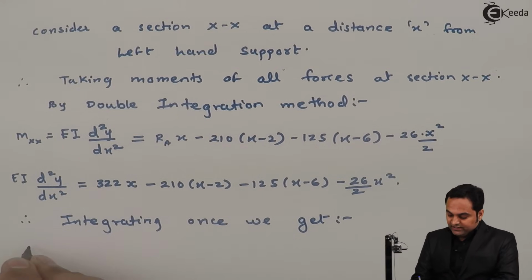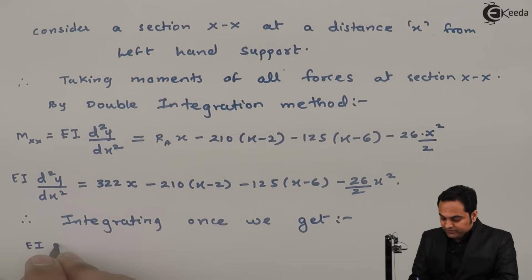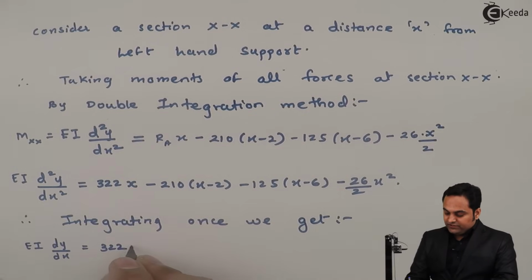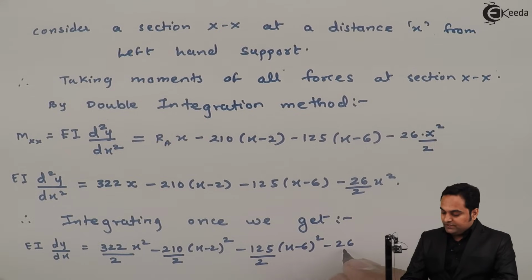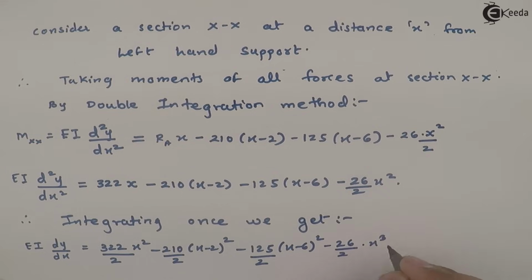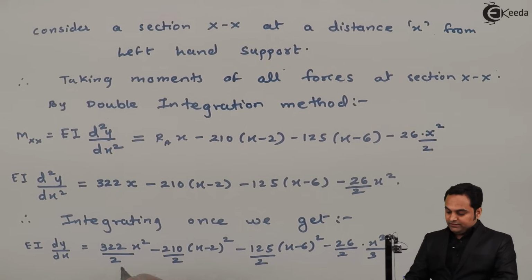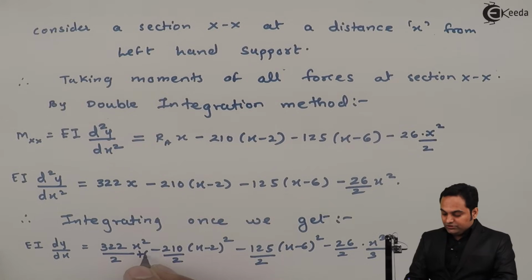So EI d square y by dx square becomes dy by dx: 322 times x square by 2, minus 210 times x minus 2 whole square by 2, minus 125 times x minus 6 whole square by 2, minus 26 by 2 times x cube by 3, and since I have integrated, I add a constant C1.